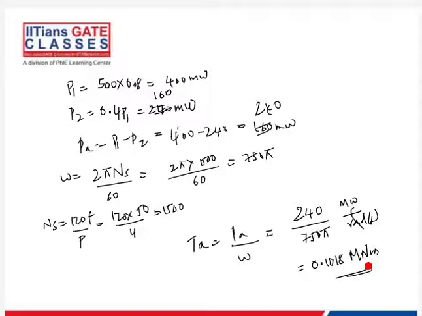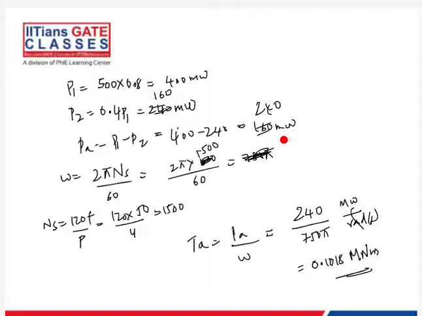Why? It's 1500. This is not 500. This is 1500. 120 into 50 into 2 pi divided by 60, oh, 50 pi. Sorry, my bad. 3000 divided by 60, 50.